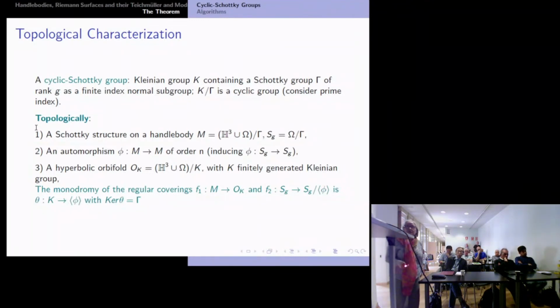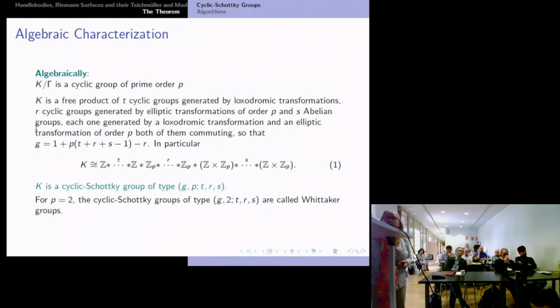And of course, we can always say what the monodromy is there. The monodromy maps the Kleinian group, the cyclic Schottky group, to the group generated by the automorphism, the cyclic group. We also know the algebraic structure of these cyclic Schottky groups, where P is a prime.